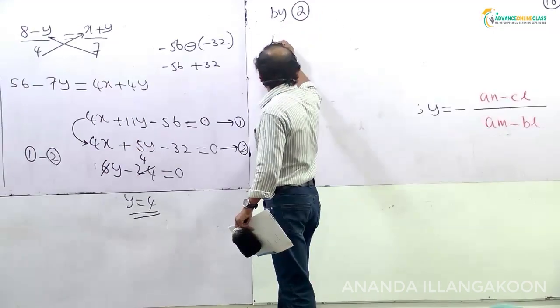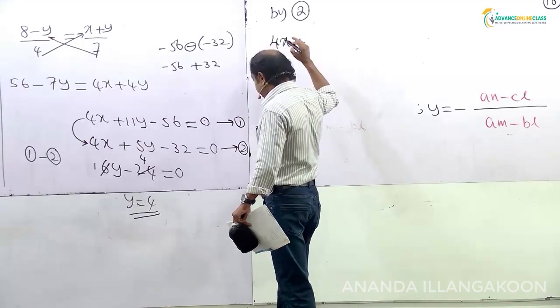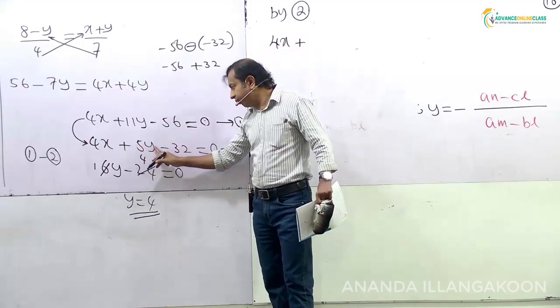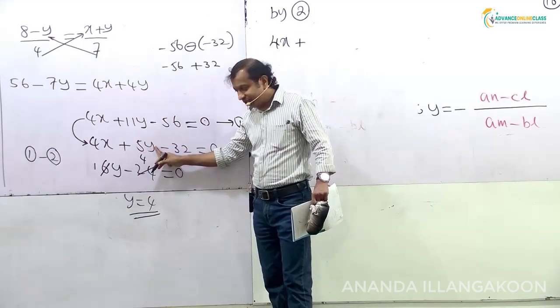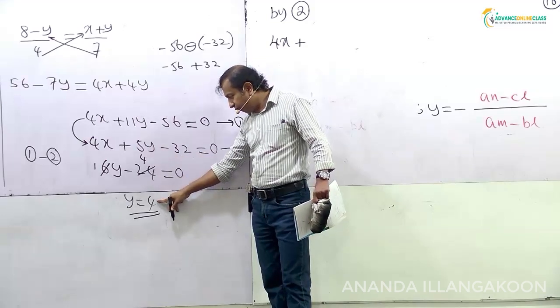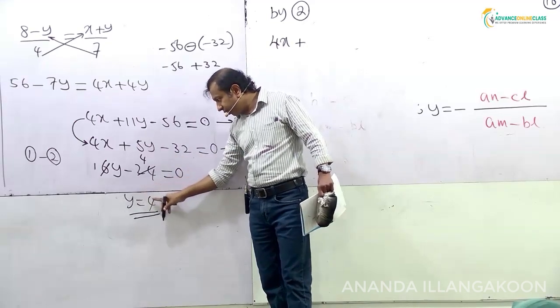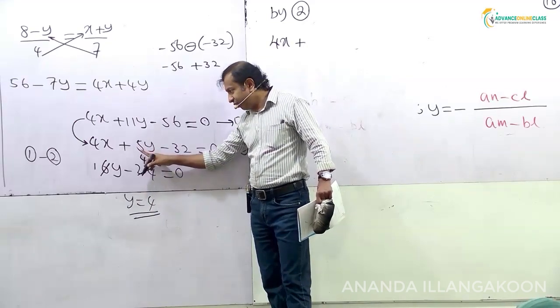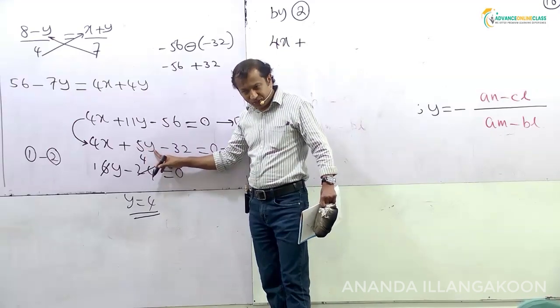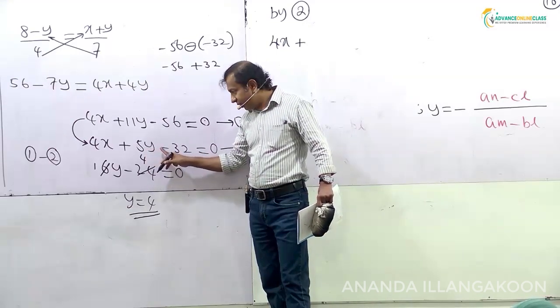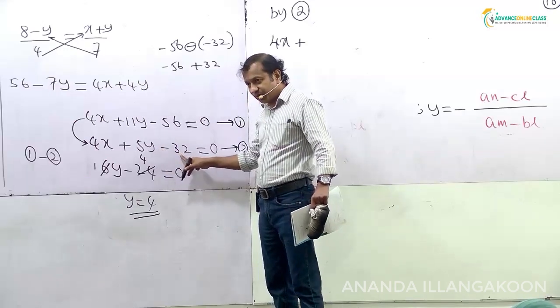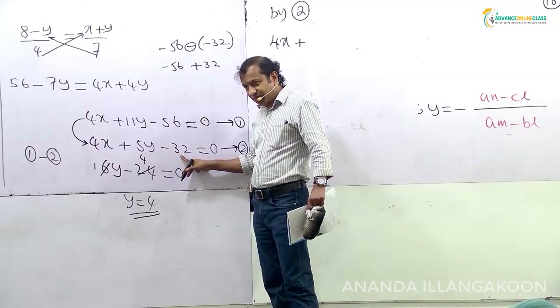4x, and here 5 times y. Put this 4, the answer of y. 5 into 4 is 20. Understood? 20 minus 32 is minus 12.